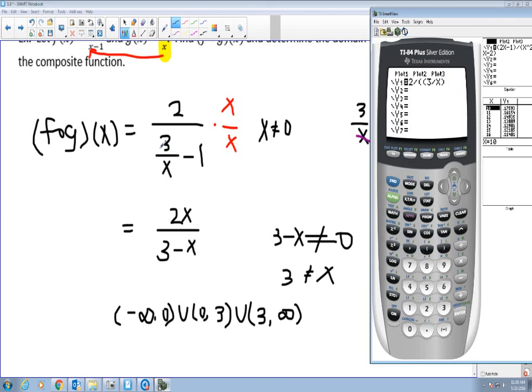Close the parenthesis for that fraction term, minus 1, and close the parenthesis for the entire 2 terms in the denominator. Alright, so this is my rational function. So if I go to the table and look at 0, it will be an error. 3 will also be an error. And if I just look at the graph, I believe there's a vertical asymptote at x equals 3 right here.